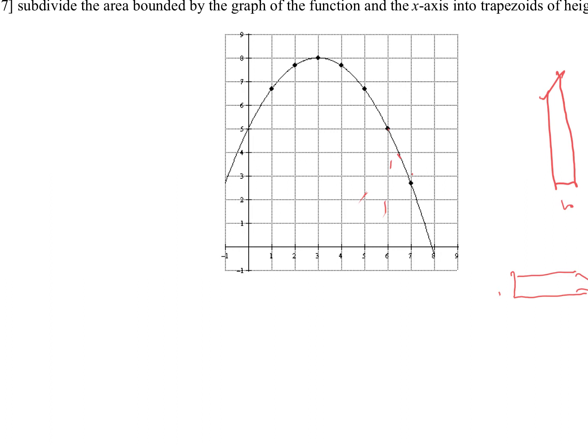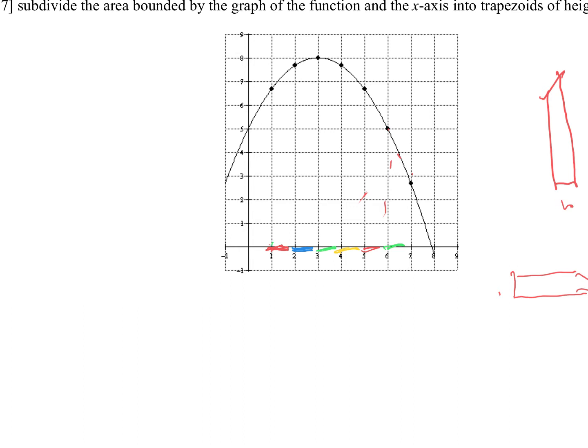So if I'm going from 1 to 6, and I want each division to be of 1, well, that would make sense. That would be one division, another division, another division, another division. Stop when you get bored. Another division. Right here.